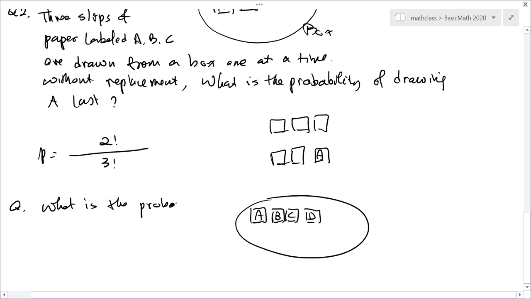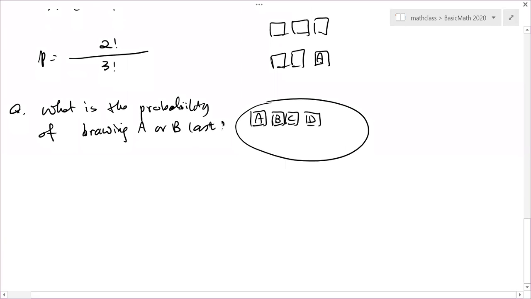What is the probability of choosing A or B last? Now this time it's a little bit more complicated. So the last one is either A or B. Not everybody can get the right answer for this one. Also, you don't just think, you have to do the computation. You should know what the numerator and denominator are.